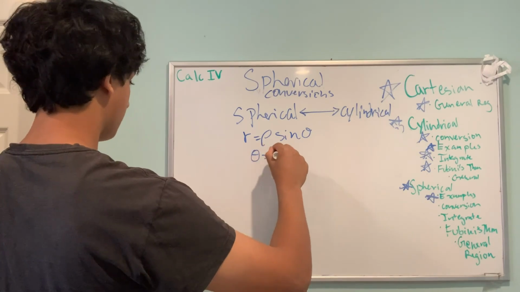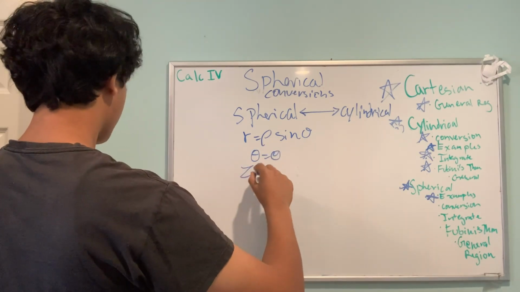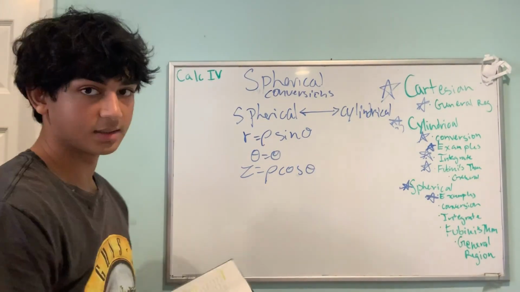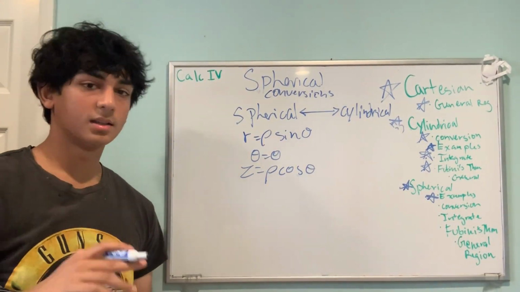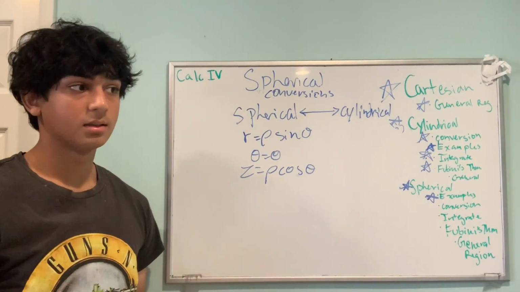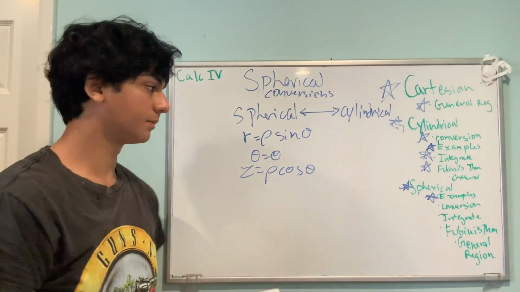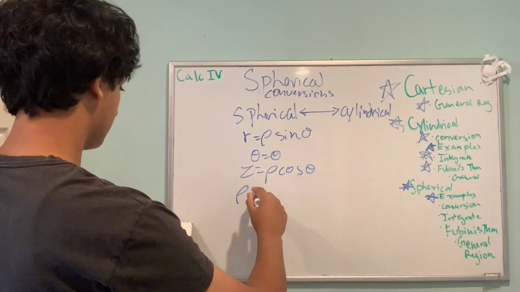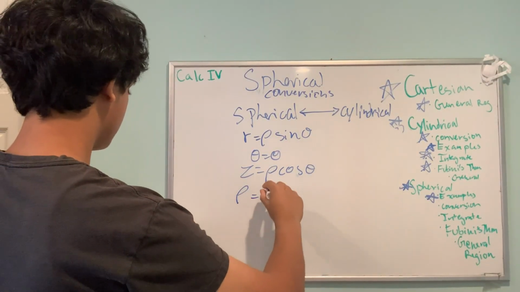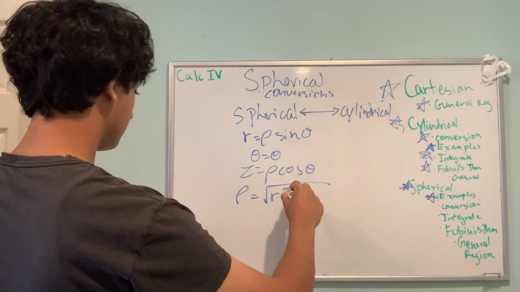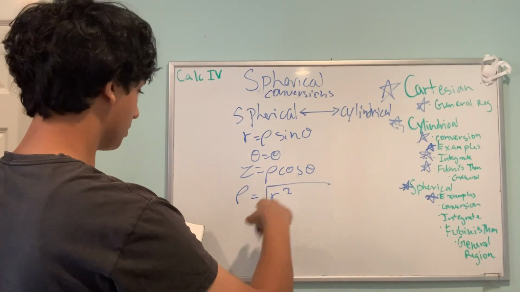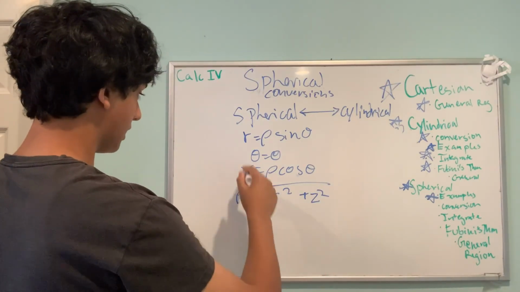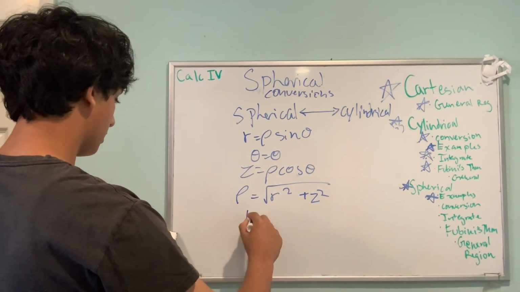Theta remains the same, of course, because both of them use the xy plane as the polar axis. This is cylindrical to spherical now. And theta equals the same, just put it down there.